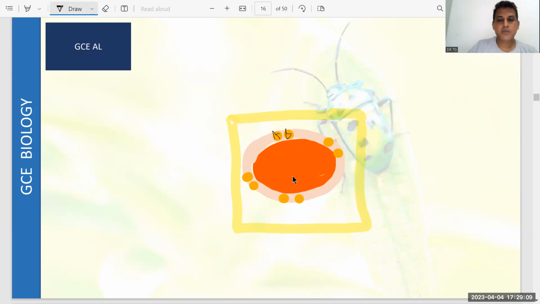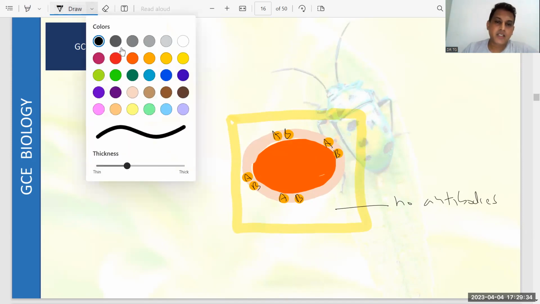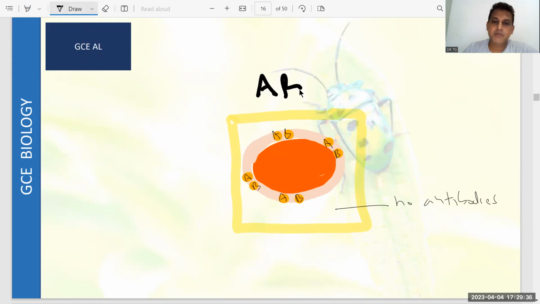So A, B, A, B, A, B, A, B, and there are no antibodies. So AB has no antibodies in the plasma. It has only the antigen AB blood group.